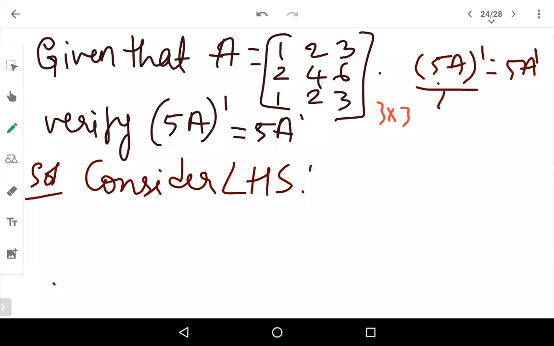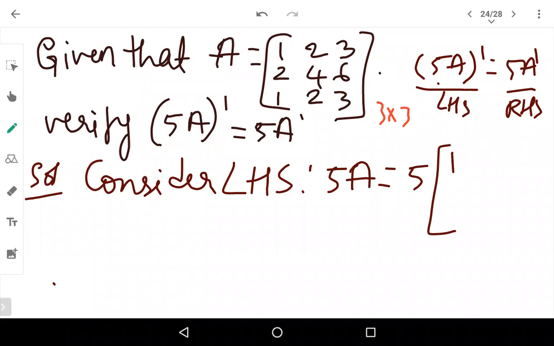This is LHS and this is RHS. They have asked us to verify it, so we will take one by one and do it. Here consider LHS, where we will first find 5A. So 5A is nothing but 5 into the matrix 1, 2, 3, 2, 4, 6, 1, 2, 3.